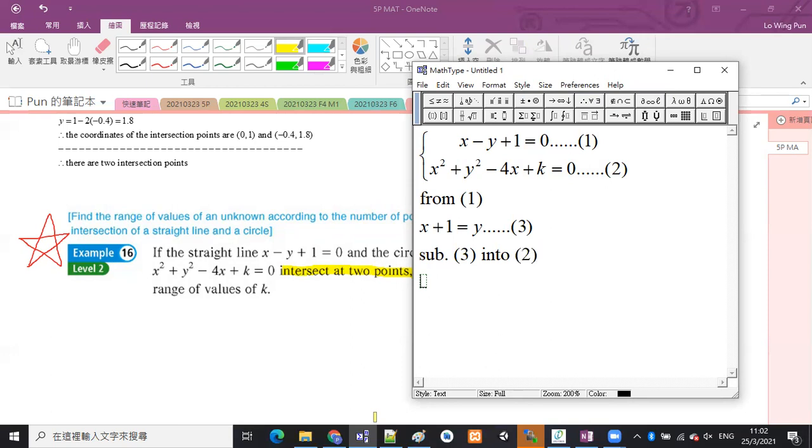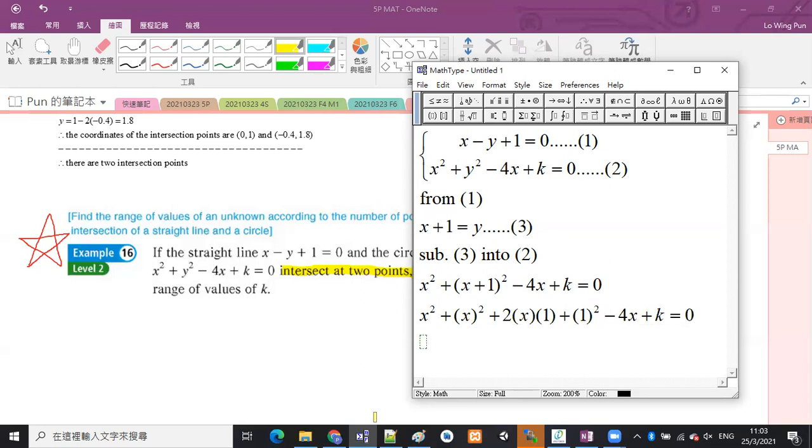Okay. Then x squared plus the y becomes x plus 1 bracket squared, minus 4x plus k equals 0. So I get this equation, and then again I need to use the identity to expand the bracket. A plus b bracket squared becomes a squared plus 2ab plus b squared. So it's x squared plus x squared plus 2x times 1 plus 1 squared, and then minus 4x plus k equals 0.